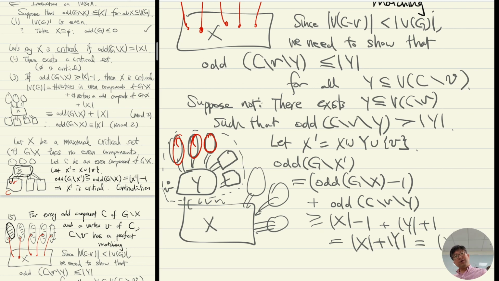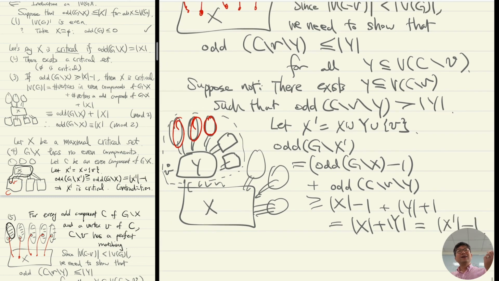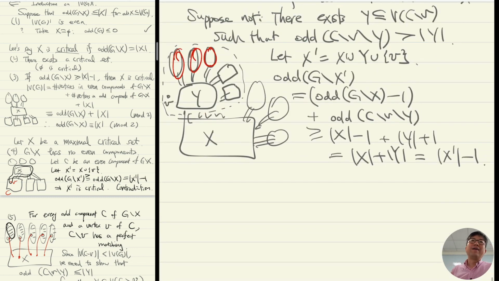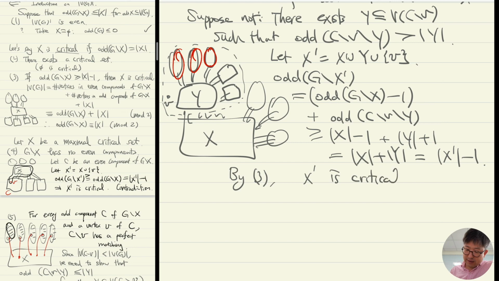So the number of odd components in G delete X prime is at least |X prime| minus 1. So by 3, X prime is critical. That's a contradiction, because we assumed that X is a maximal critical set.